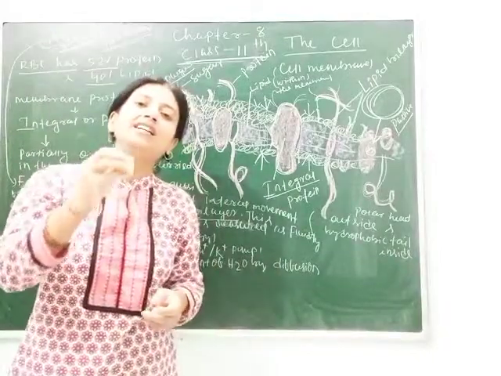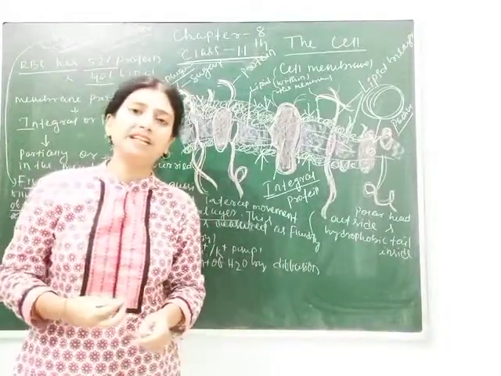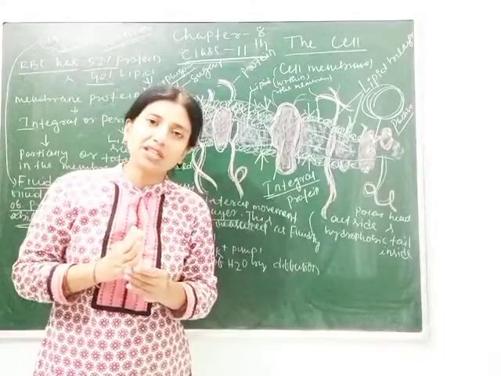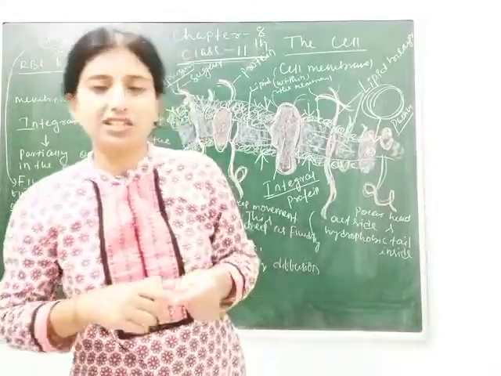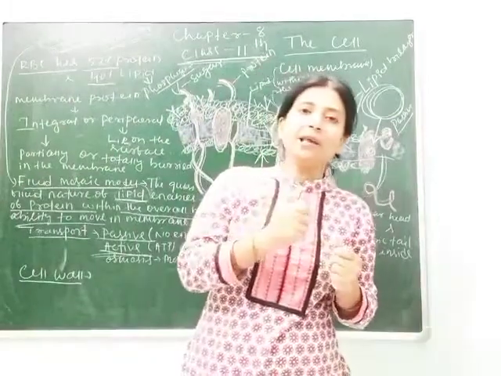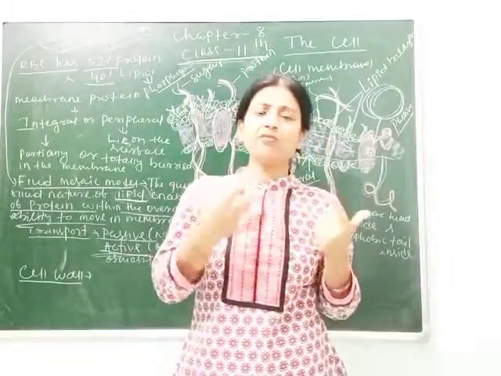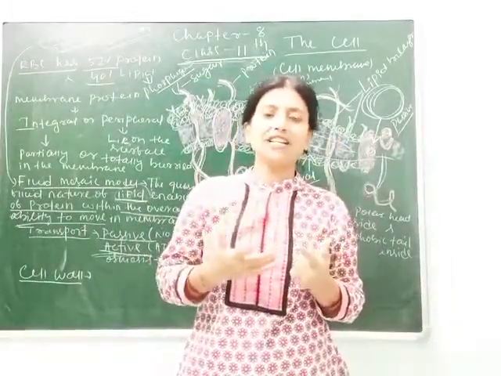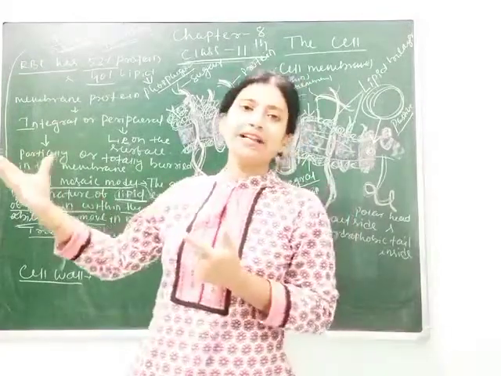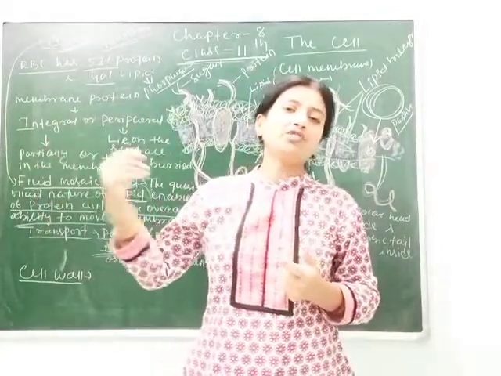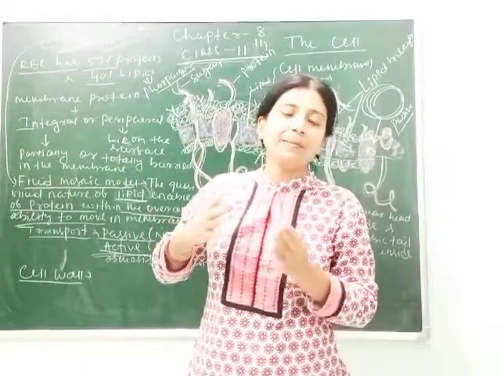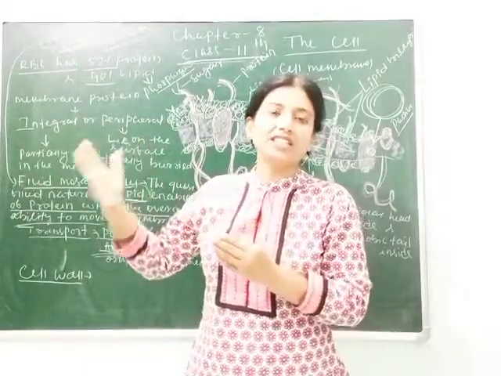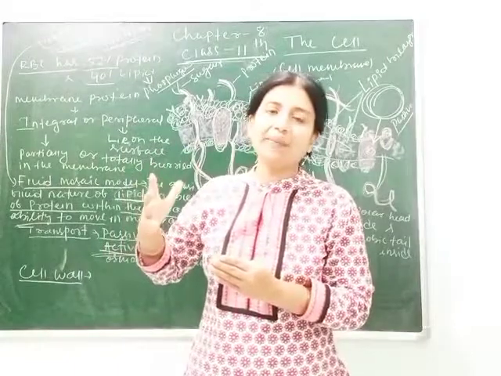Here energy is used in the form of ATP and the movement of substance is from low concentration to high concentration. Think, if in a room 5 students are present and outside the room 3 students are present, inside 5 and outside 3. Then in this case what happens?